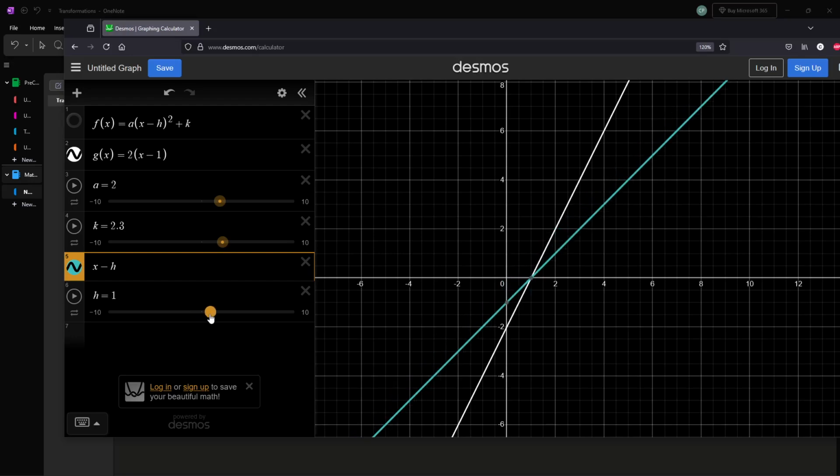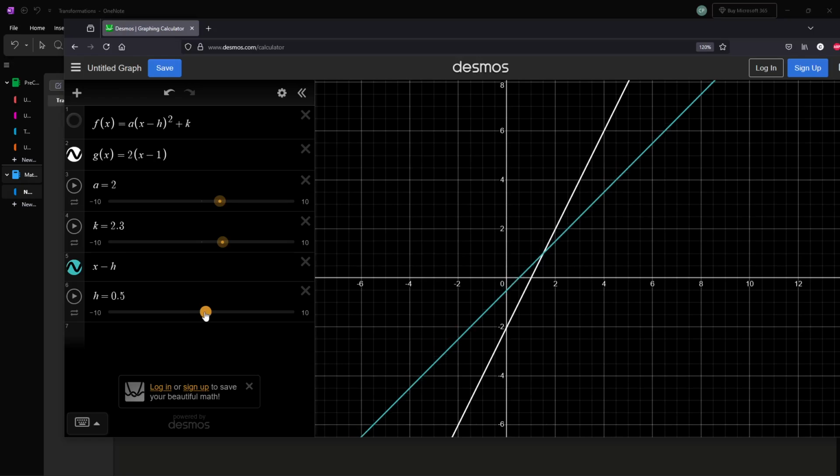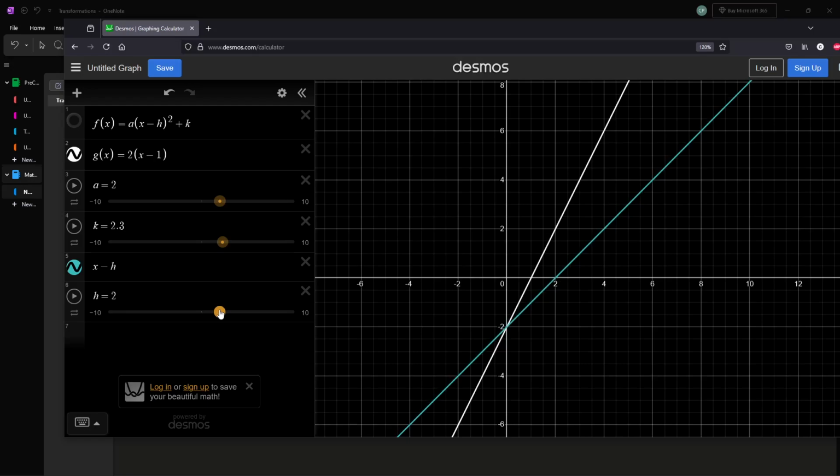We can think that I slid my function to the right. Another thing you could think about is I slid my function down. You could try to imagine it sliding down. So we can slide it right or slide it down. Either way, when we get to this point, we see that we're not quite there yet. So the next thing I need to do is stretch it up. I need to give it a vertical stretch.